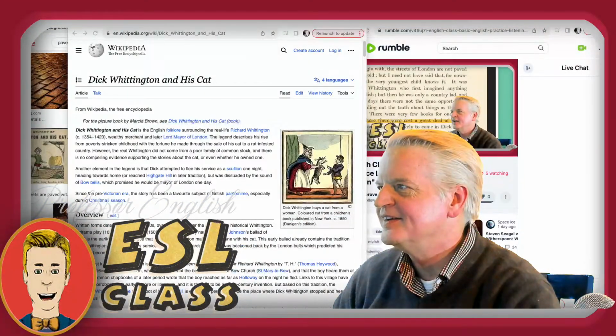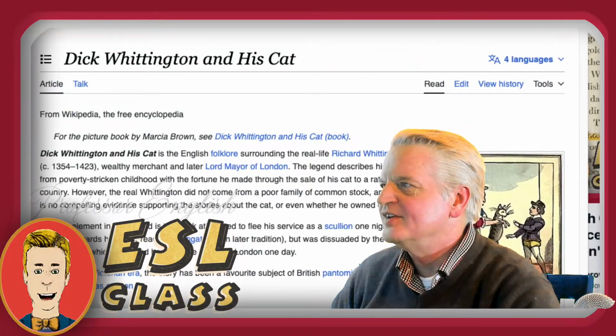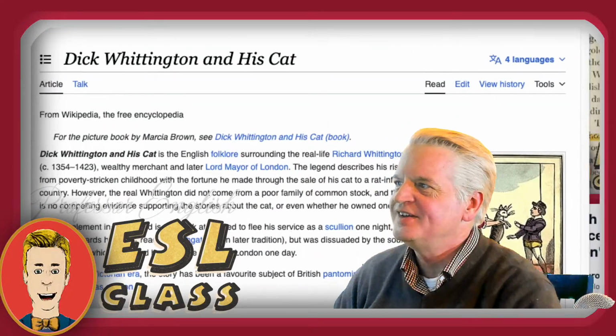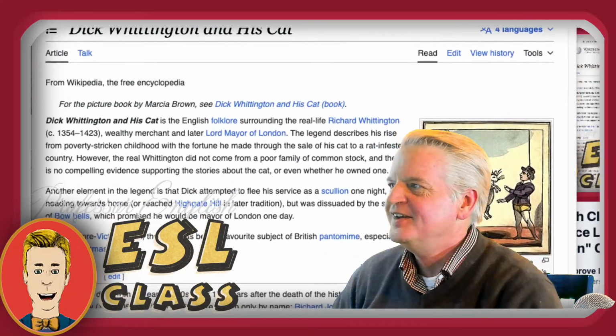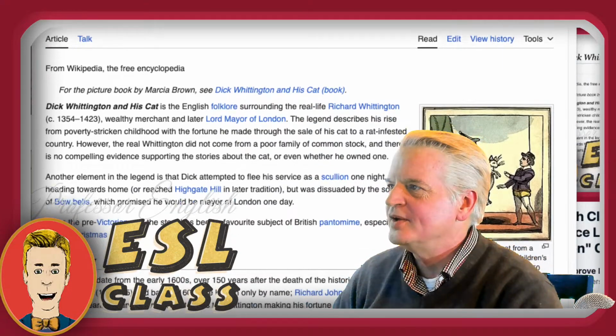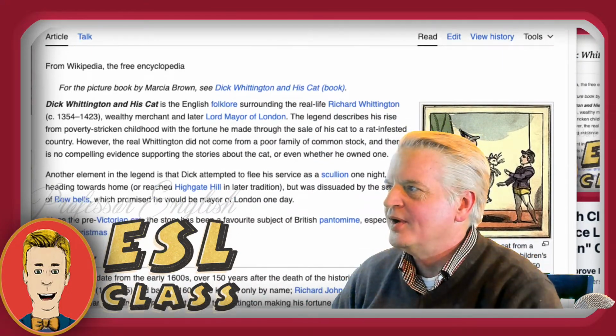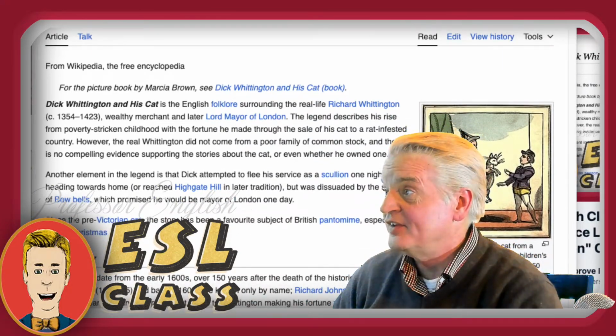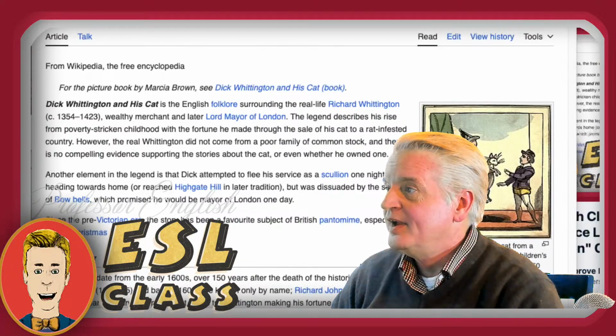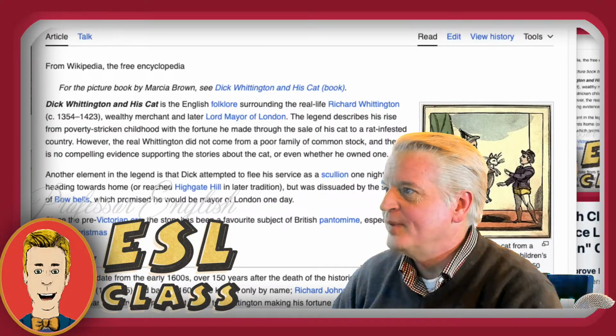Who's Dick Whittington? See, look, this is Wikipedia. Dick Whittington and his cat. So Dick Whittington was a person who was born like 700 years ago, and he became the Lord Mayor of London.